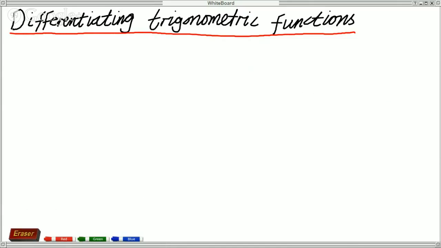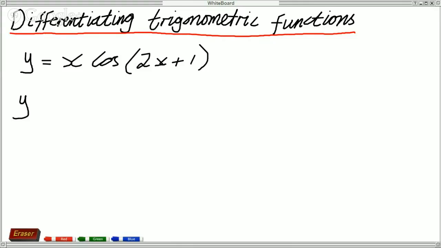So let's say we have y equals x cos 2x plus 1. We have to differentiate this. We'll note that we have a product rule here because we have a function of x being multiplied by another function of x.